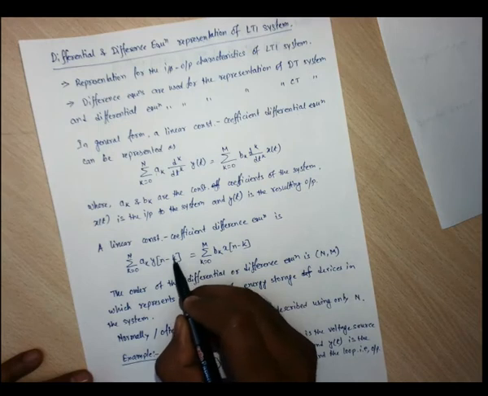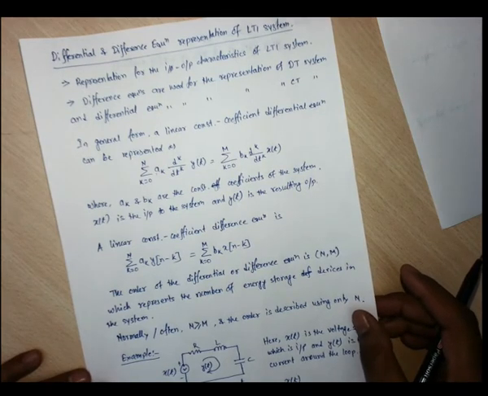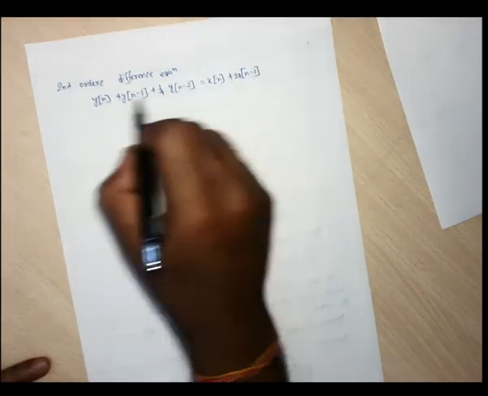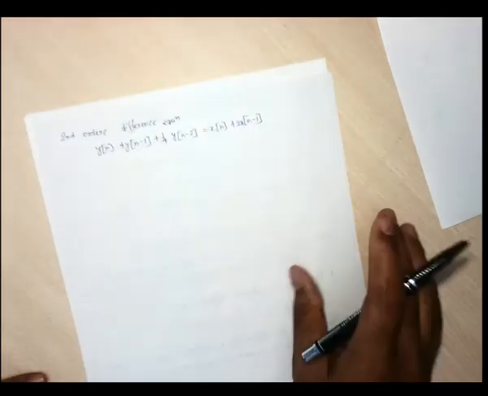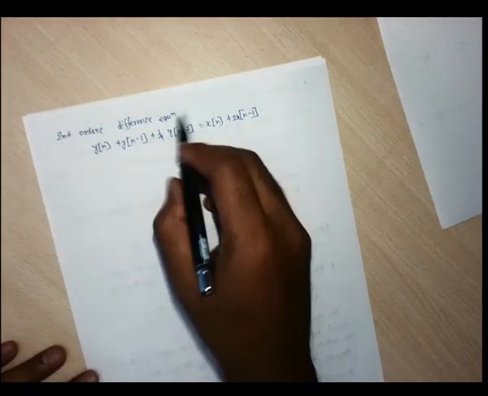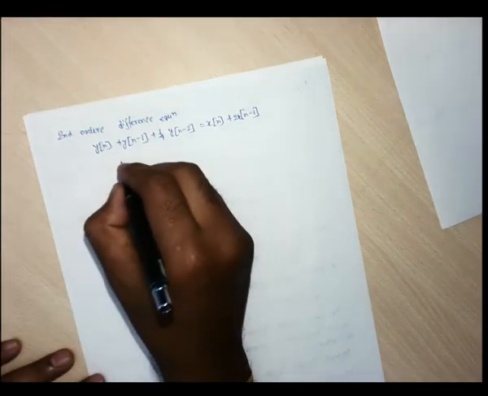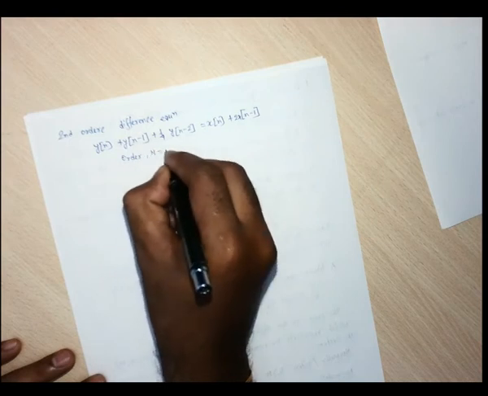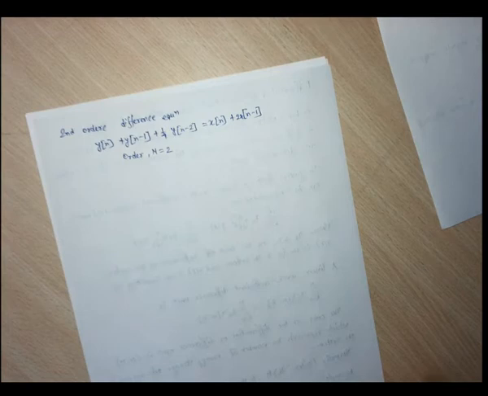So we can say the k value in a difference equation represents the order, the maximum or larger of these k values. So here also the larger k value is 2. Clear? The larger k value is 2 here. So we can say the order of the system n is 2. Clear? Any doubt?